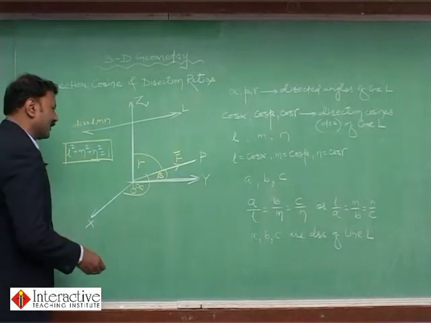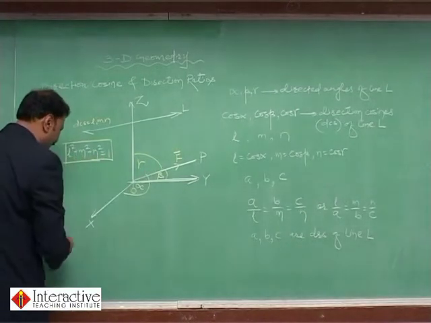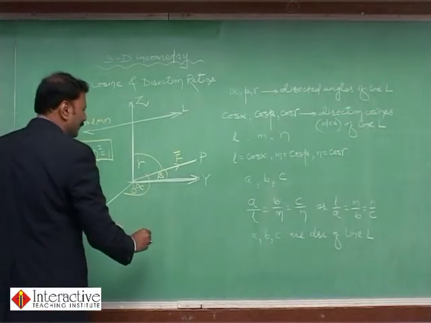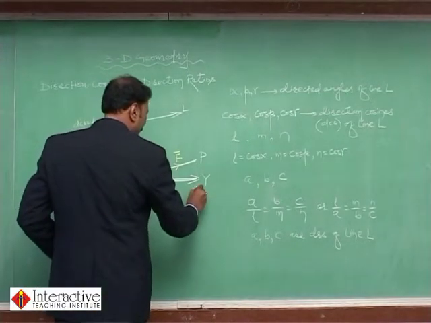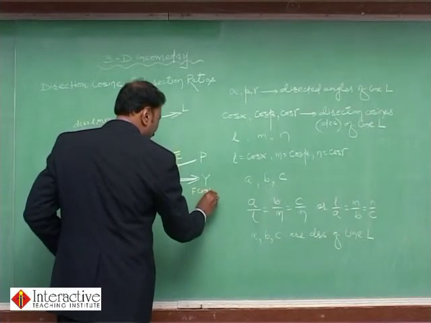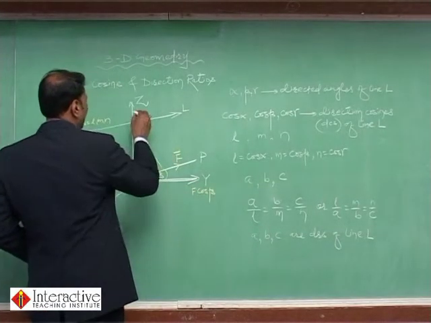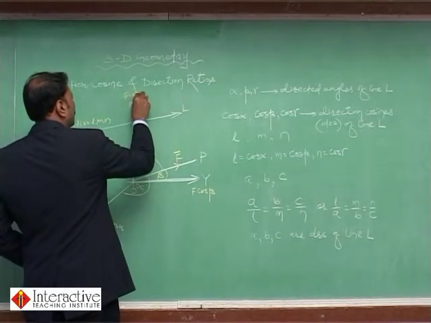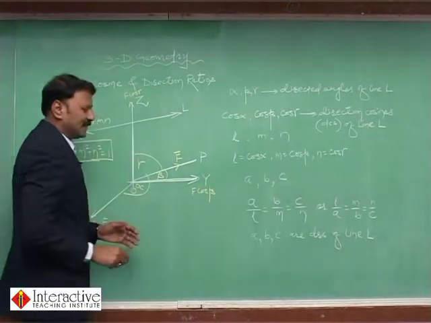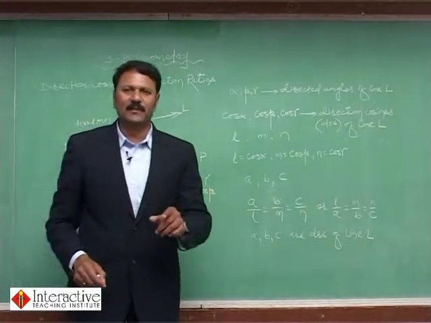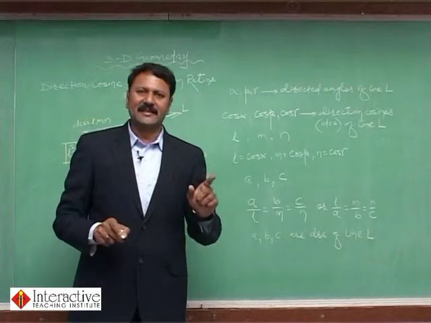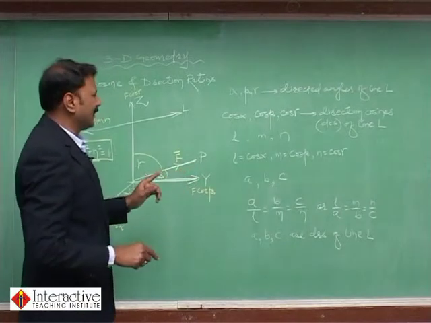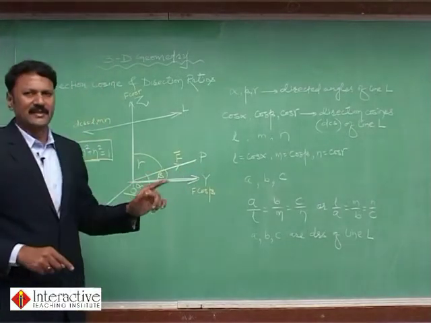The x component of that force is given by F cos alpha, the y component is given by F cos beta, and the z component is given by F cos gamma. That means direction cosines help you to resolve a vector in 3-dimensional space also. That's why 3-dimensional geometry is important in mathematics as well as in physics.